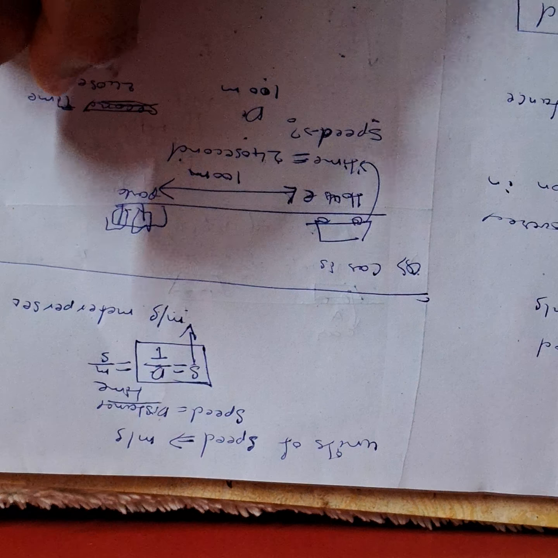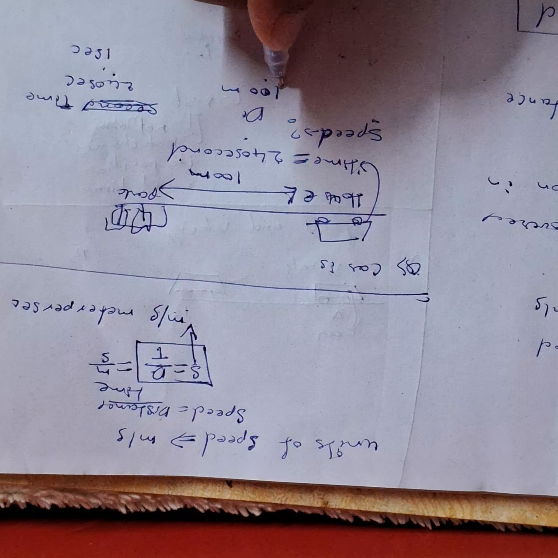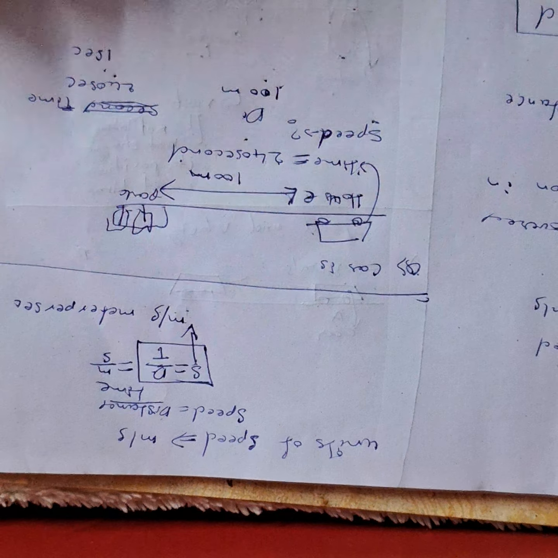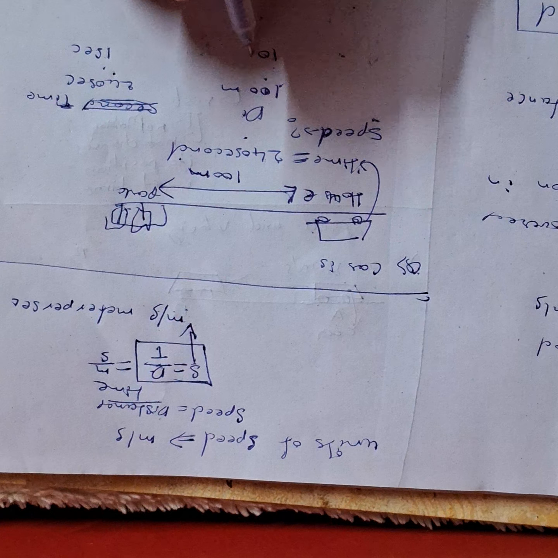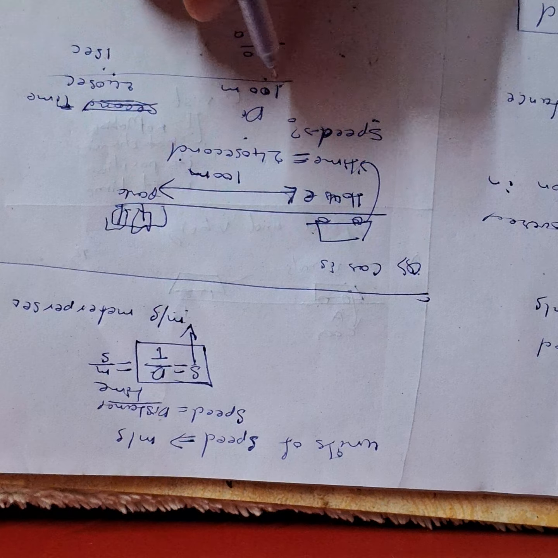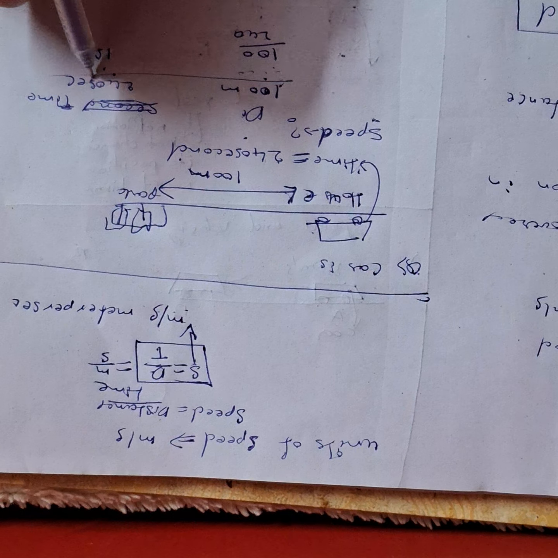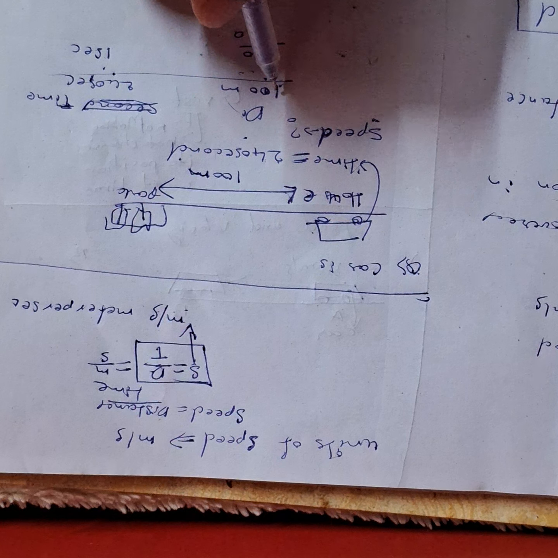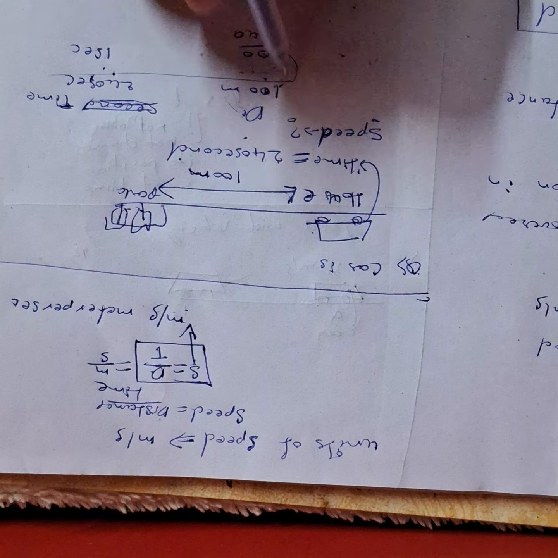You just have to divide 100 by 240. Divide both by 240 to get 1 second here, and the distance covered for each second you will get here.